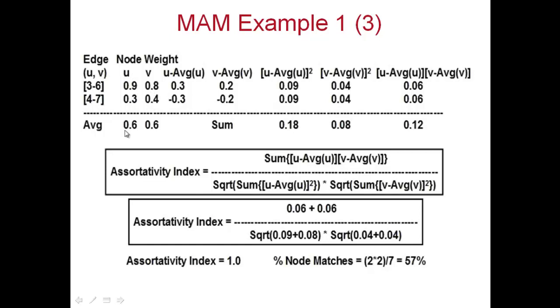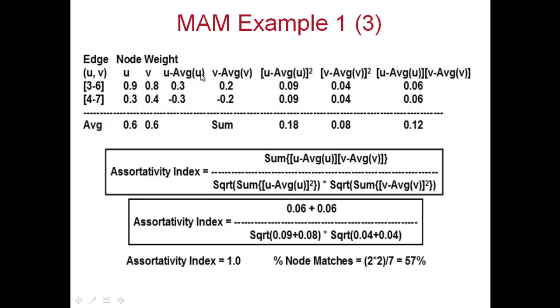So the average of 0.9 and 0.3 is 0.6, and the average of 0.8 and 0.4 is also 0.6, just a coincidence. Then u minus the average of u: 0.9 minus 0.6 is 0.3, 0.3 minus 0.6 is negative 0.3. Do the same thing here: 0.8 minus 0.6 is 0.2, 0.4 minus 0.6 is negative 0.2.